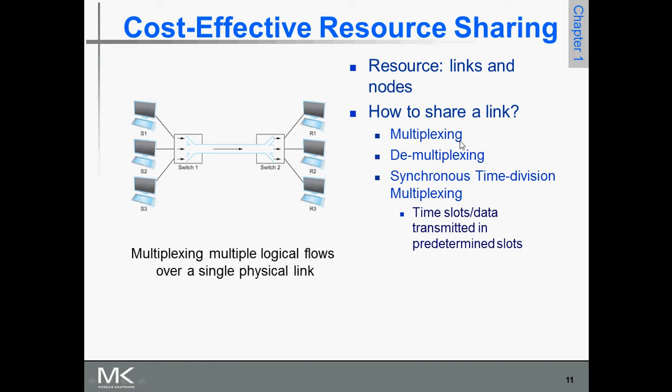So what is meant by multiplexing? Multiplexing is nothing but you combine the data from three different sources into a single group of data, and you transfer all this data on a single line.